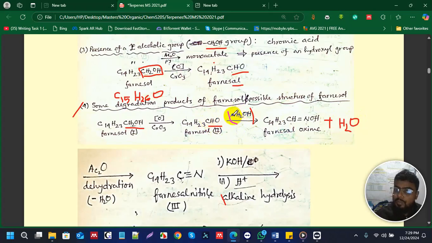This double bond will attach with nitrogen, the remaining portion of hydroxylamine, and it will be converted into CH double bond N-OH. That is called farnesal oxime.